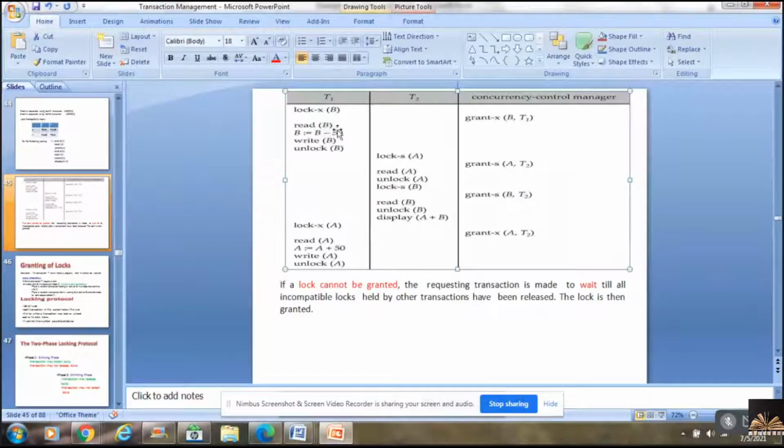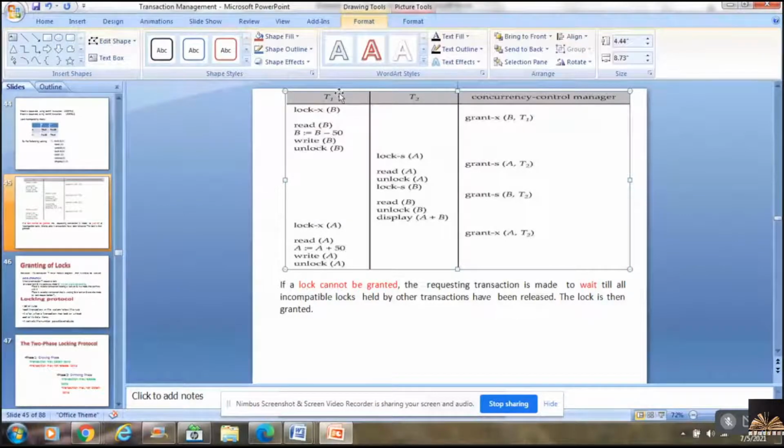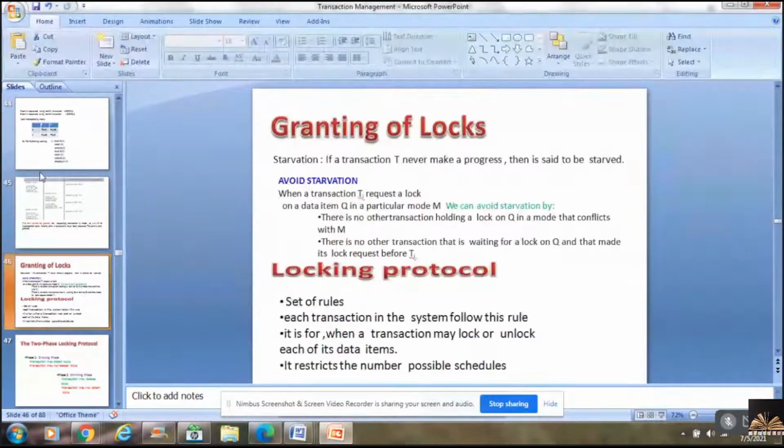Now, instead of that, if this transaction T1 is holding an exclusive lock on A and it hasn't released it at this particular point, since unlock A is not there, even though T2 is trying to acquire lock-S on A, the concurrency control manager makes T2 wait for A. That is the concept of your locking. Okay, that is the concept of your locking. Now see, granting of locks. That is what we have been talking about until now.